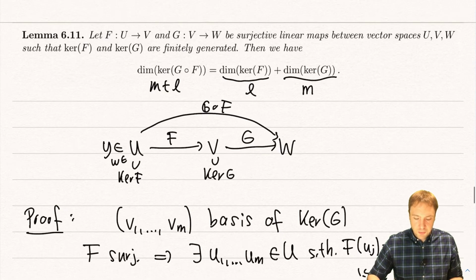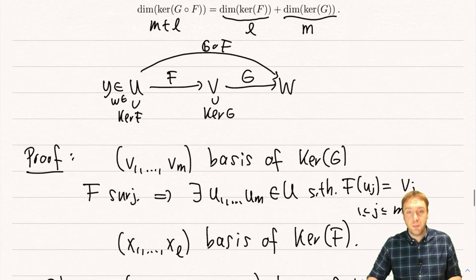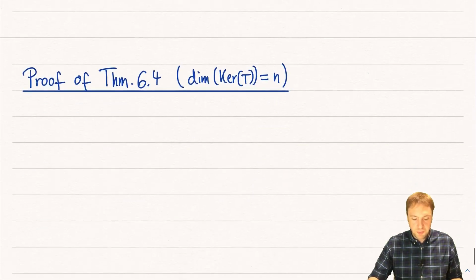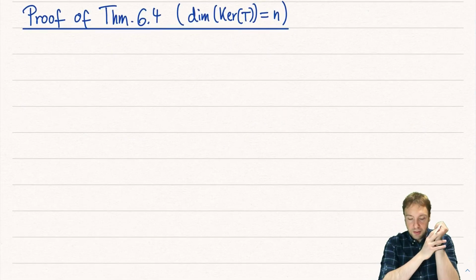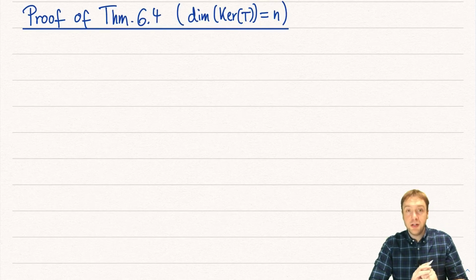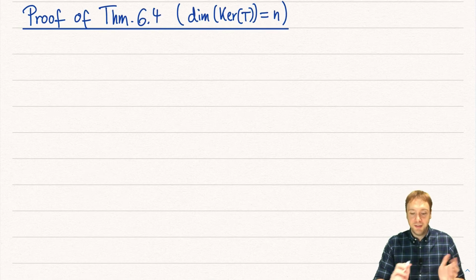Okay, so now let's use this lemma for our purpose, because we want to show this theorem 6.4, namely that the dimension of the kernel of a differential operator of order n is exactly n.